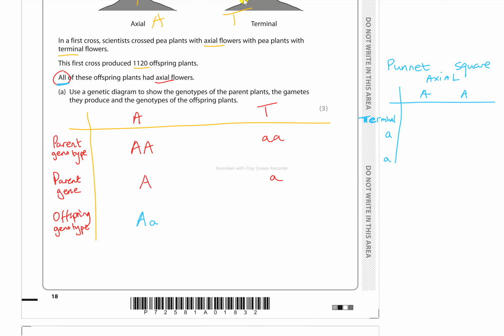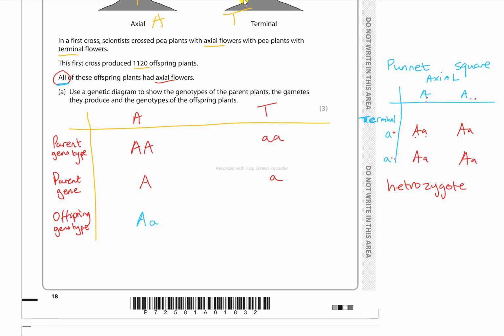Now if you cross this, an A and an a gives an Aa, and so on. So you've got 4 plants that are heterozygote.